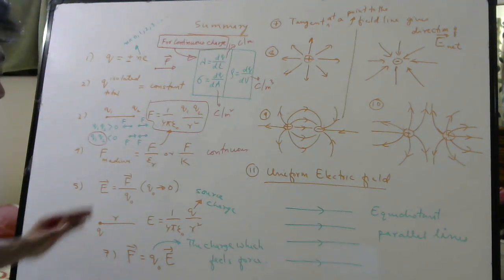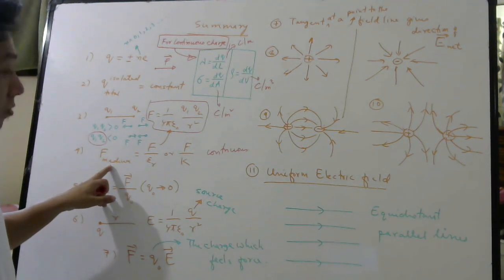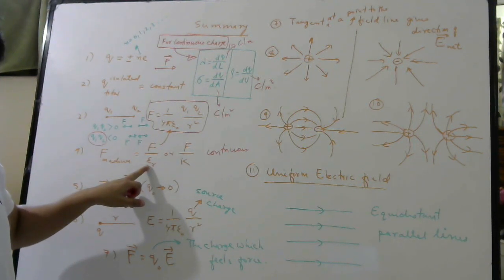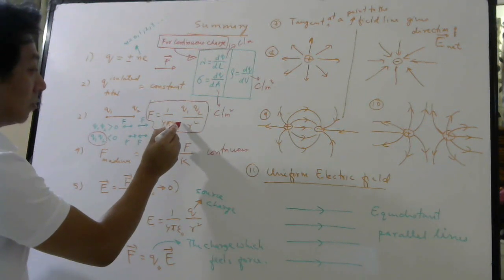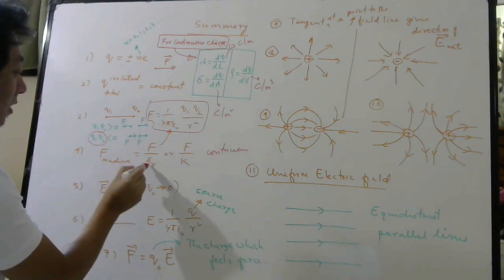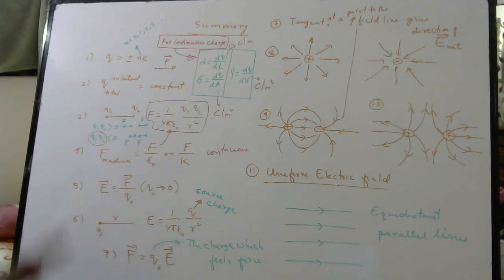Whichever word they use, to find the force in medium, you just divide the force in vacuum by the relative permittivity. So you add one more epsilon r here. You divide this by epsilon r. That will give you the force in medium.